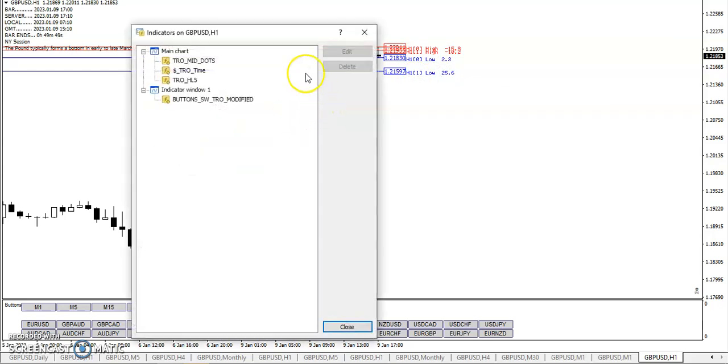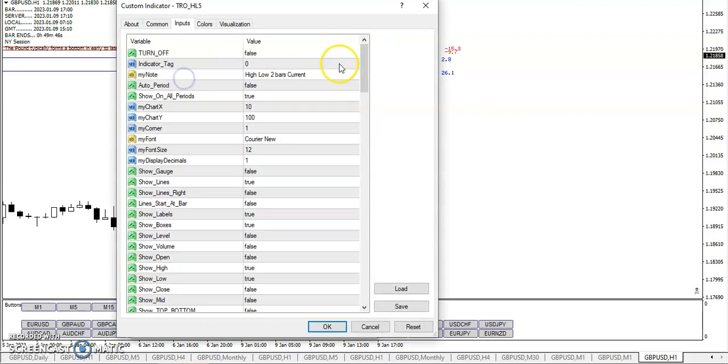So let's go and take a look at the settings. You can see here, indicator tag. If you want to put up more than one instance of TRO HL5, you load another instance and then you change this.